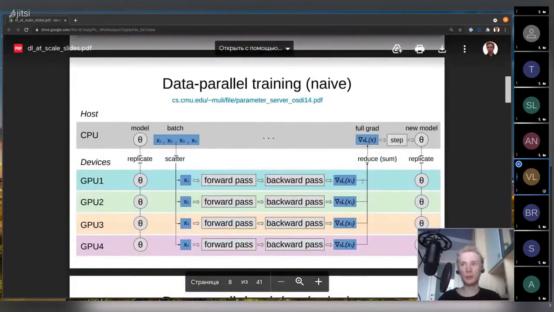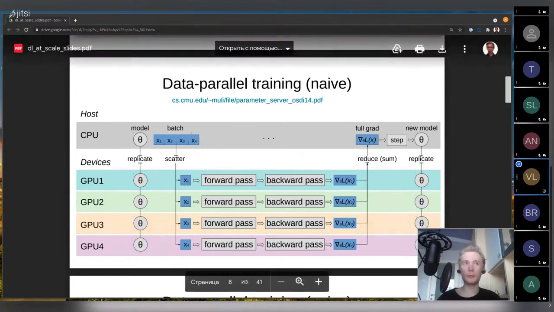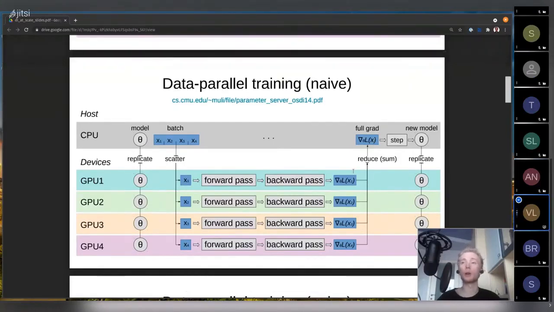The naive and the simplest approach is to have some central node that is going to store the sum of our gradients. Joining a neural network at the very end of the training is a bad idea because we are going to have specialized neural networks, and essentially we're going to get an ensemble.